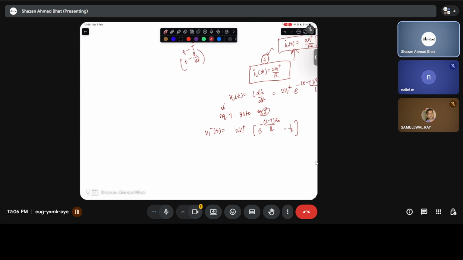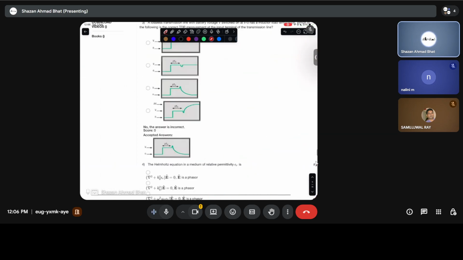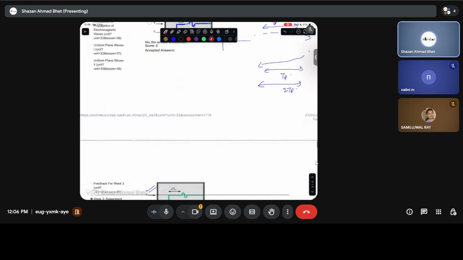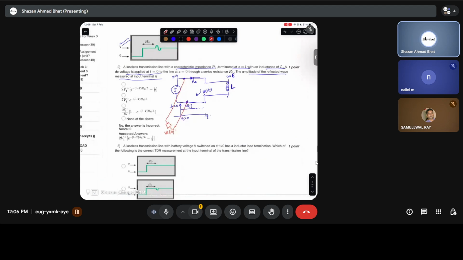This is the voltage which will be reflected towards this terminal, and that is what will be read. So the exact answer is twice V1+ times e to the power minus t R0 divided by L, minus 1 by 2 twice V1+.